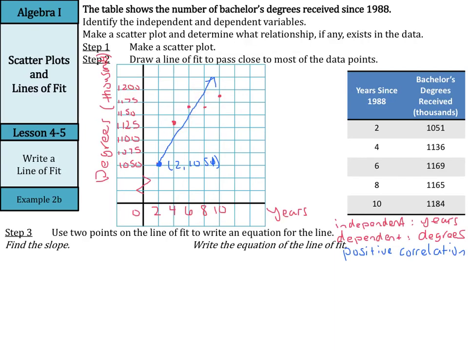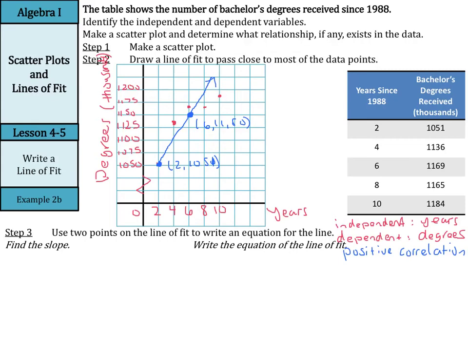You get to see, okay, where along this line can I pick a point that I actually want to calculate with? Well, I'm going to pick right here, because it looks like it's at the perfect intersection of 6 and 1150. So that's going to be the point that I pick to calculate my slope and to work out the rest of this problem.